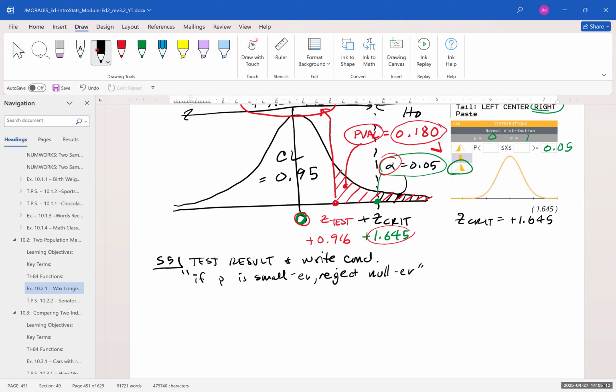Remember that? So our p-value is 0.180 and our significance level is 0.05. Okay, that is definitely not smaller. So we're not going to reject the null. We're therefore going to fail to reject the null.